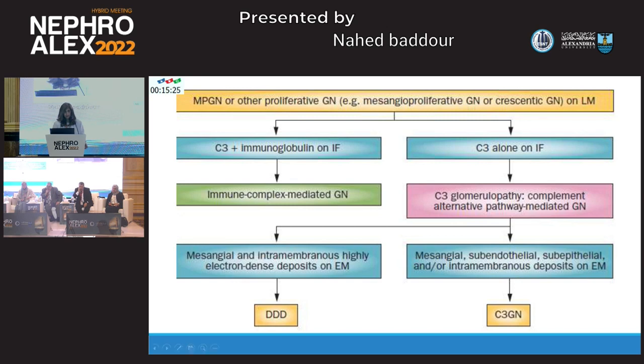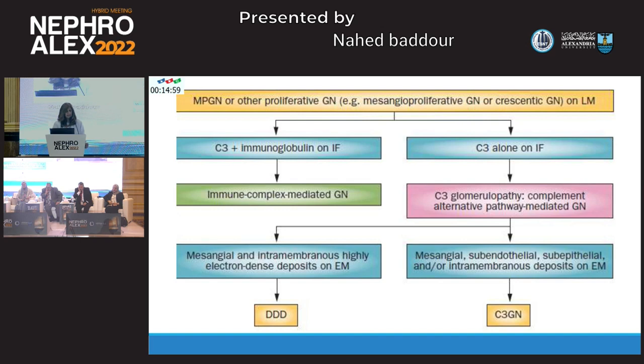So if you have an MPGN type morphology and you have both immunoglobulins and C3 on immunohistochemistry or immunofluorescence, then this is a straightforward immune complex mediated GN. If you have C3 alone on immunofluorescence or immunohistochemistry, then this is a C3 glomerulopathy with activation of the alternate complement pathway.